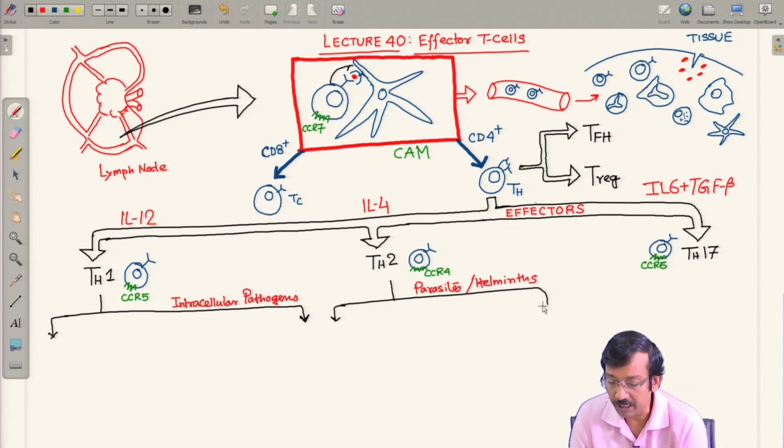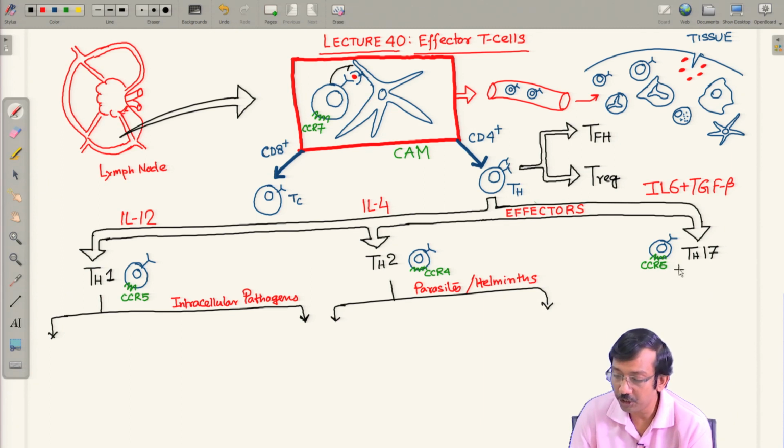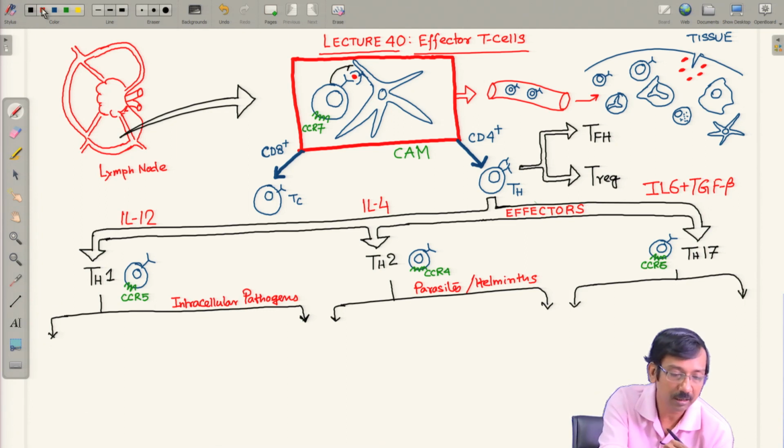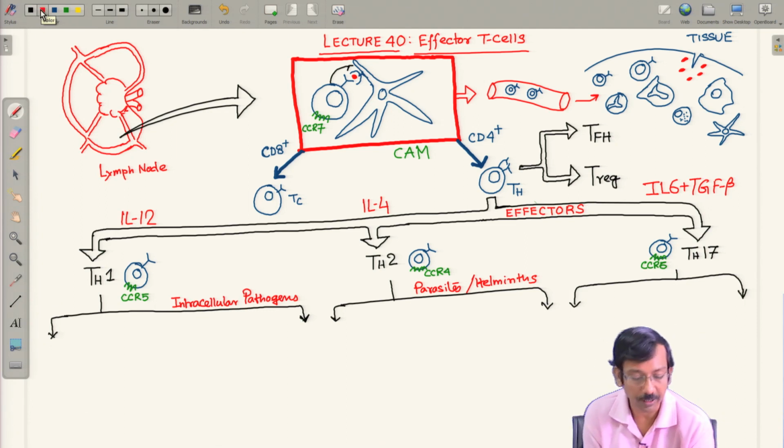Then the Th17 elicit a class of responses which are responsible for extracellular pathogens. So, like the Th1 is responsible for intracellular pathogens, these are responsible for extracellular ones.